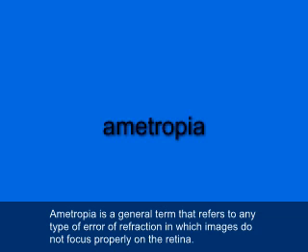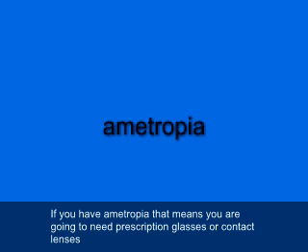Now the opposite of that is ametropia, AMETROPIA. And ametropia is a general term that refers to any type of error of refraction in which images do not focus properly on the retina. If you have ametropia, that means you're going to need prescription glasses or contact lenses for some type of problem in seeing clearly.